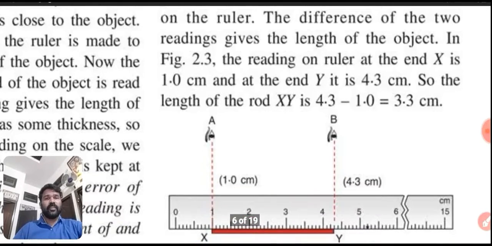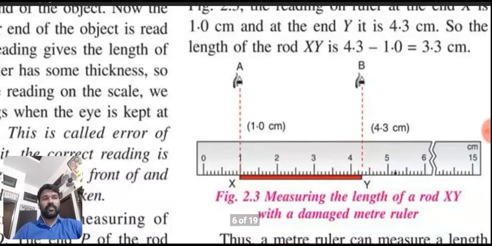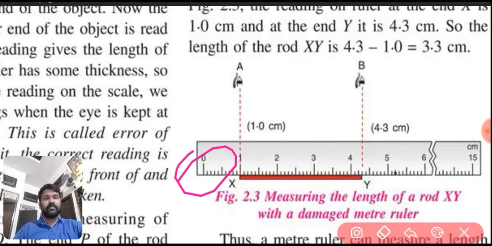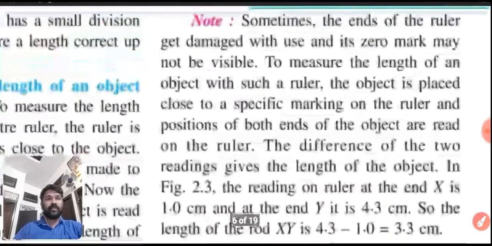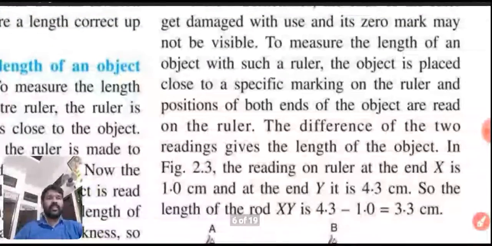If the 0 mark on our scale is blank or has disappeared, how to measure the actual length of the given object? We are going to discuss now. To measure the length of an object with such a ruler, the object is placed close to a specific marking on the ruler and positions of both ends of the object are read on the ruler.